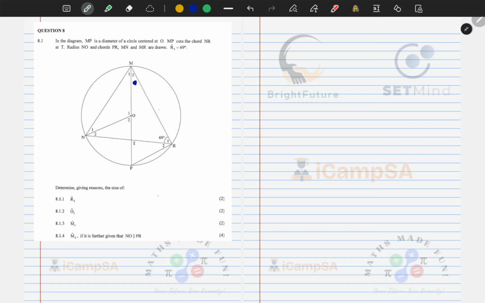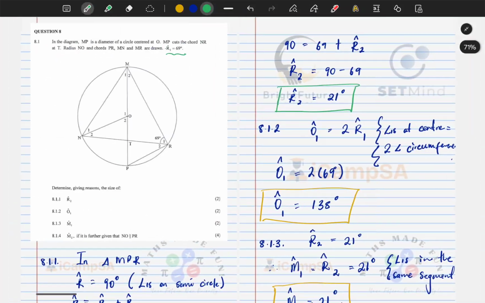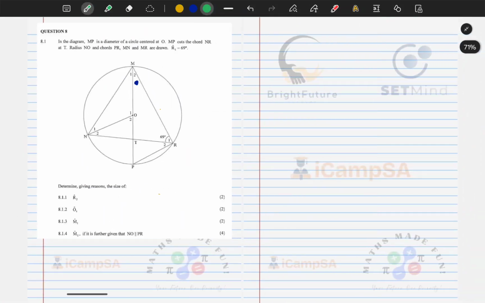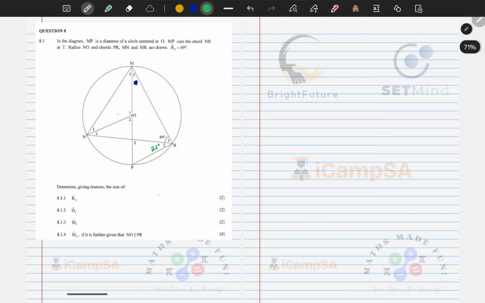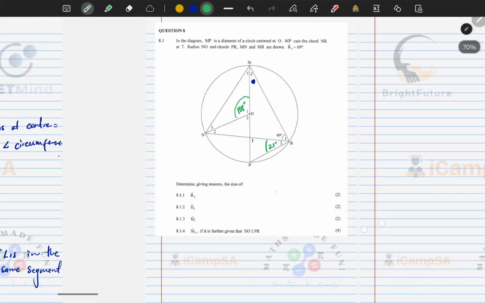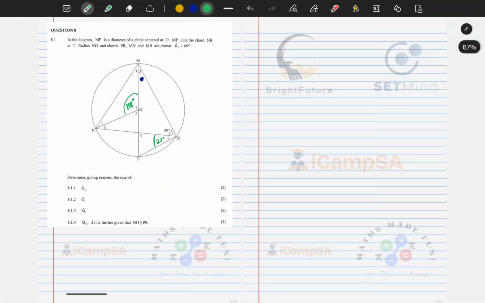So what we can do, we can just insert the values that we already had. So we know that R2 is 21 degrees, right? And we know that O1 is 138 degrees. And we also know that M1 is 21 degrees, right?